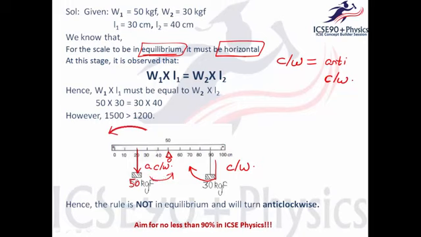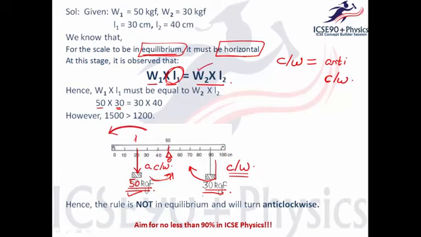The anti-clockwise moment due to the 50 kgf force must be equal to the clockwise moment due to the 30 kgf force. So we can say W1 into L1 is equal to W2 into L2. W1 we know is 50 kgf. L1 is the perpendicular distance, which is 30 centimeters.